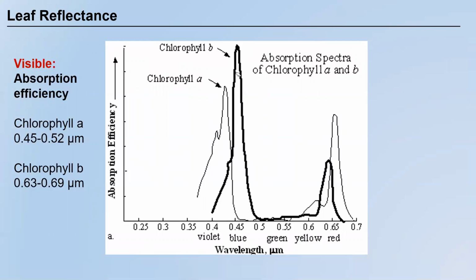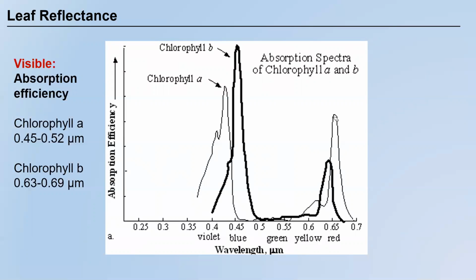It's not a part of visible light, but it's very close to blue light. And both of them do not absorb green light. So that's the reason why we have very low absorption efficiency for both A and B.